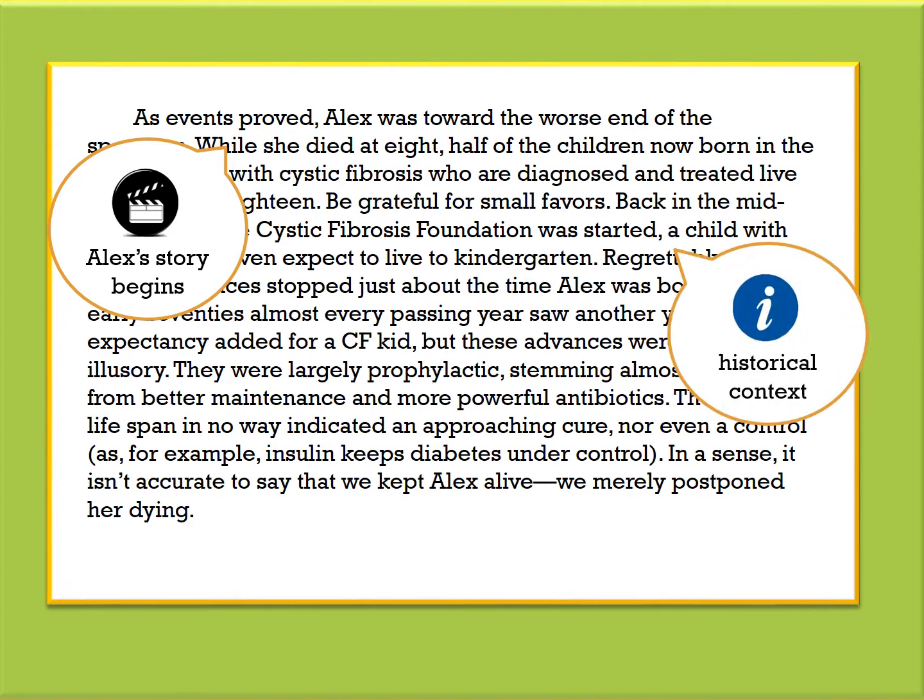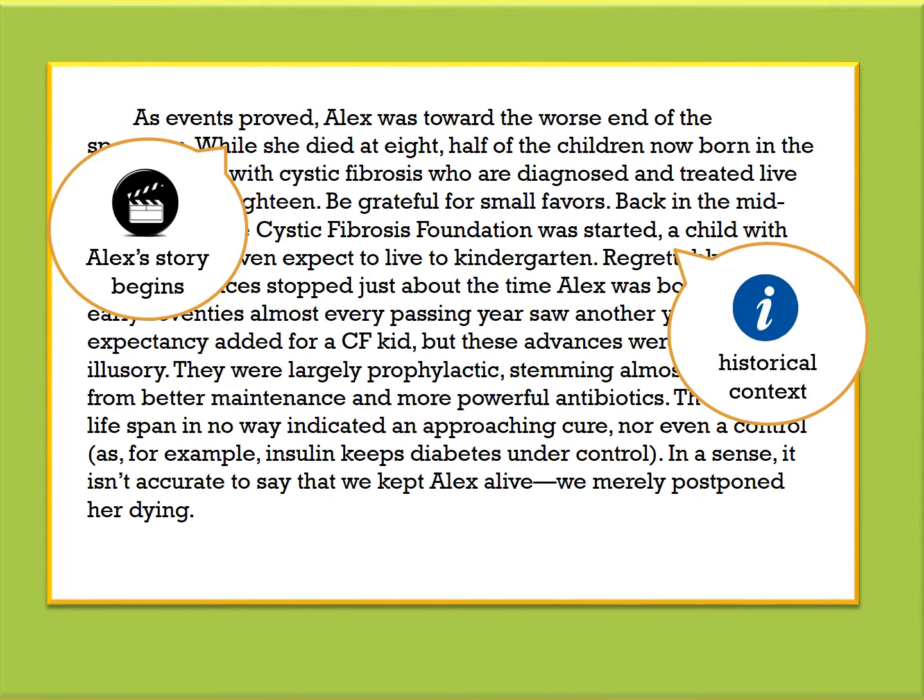So notice, however, he's also diverging within this paragraph where he's begun the story, but he's giving us some historical context here, too. So talking about when the Cystic Fibrosis Foundation was started, the longest anybody could be expected to live with the weakest case was to kindergarten.